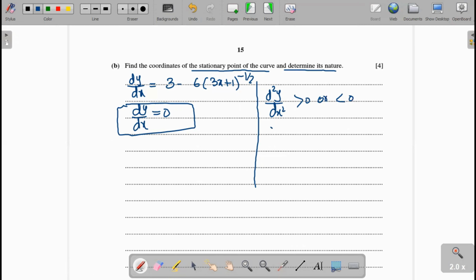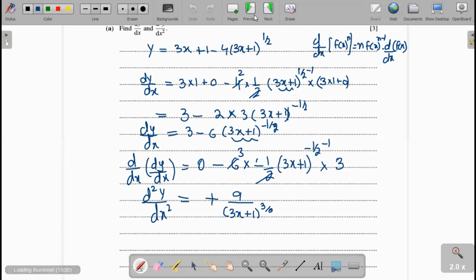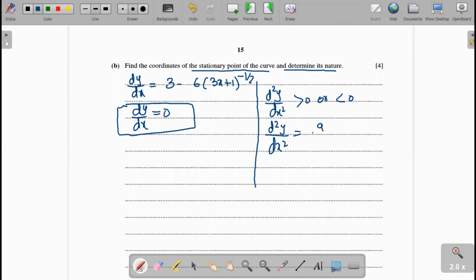Now d square y over dx square we have already found. The value is 9 over (3x plus 1) power 3 over 2.